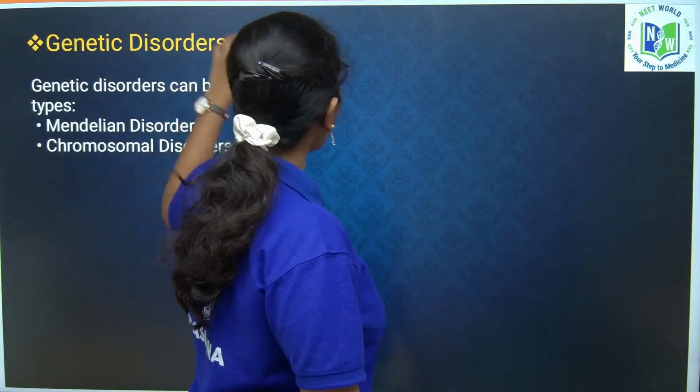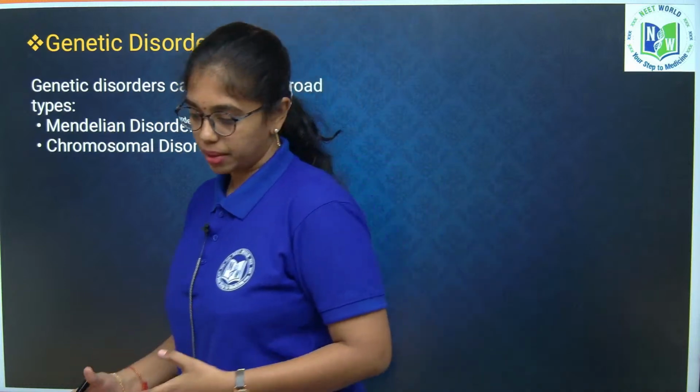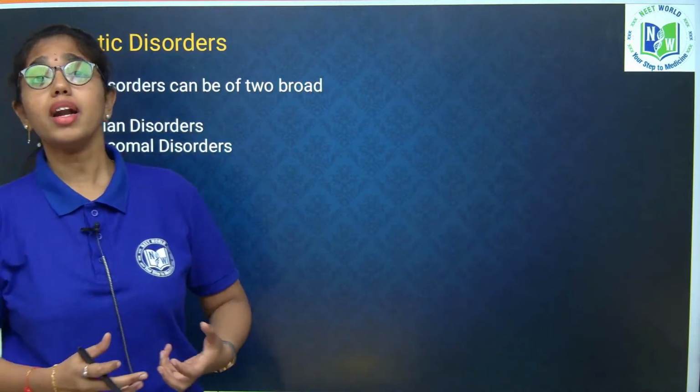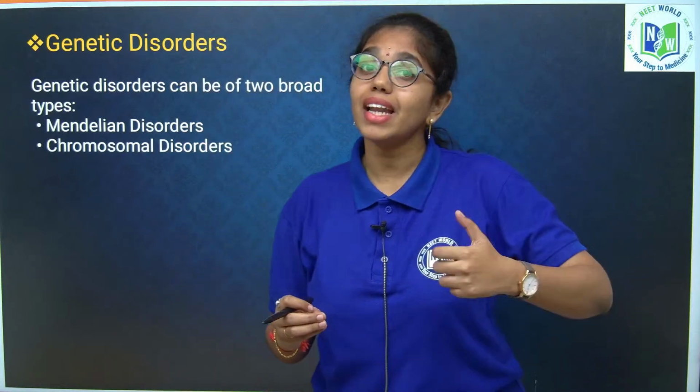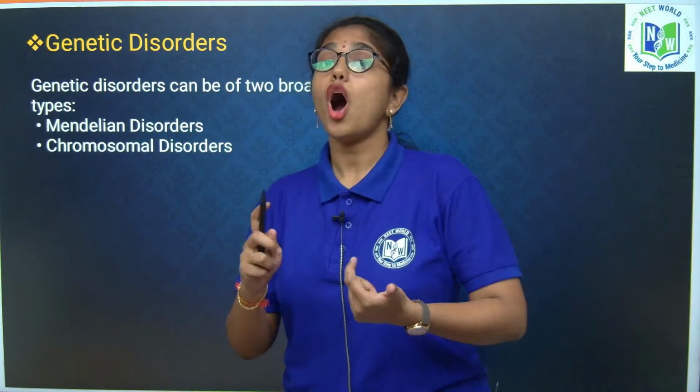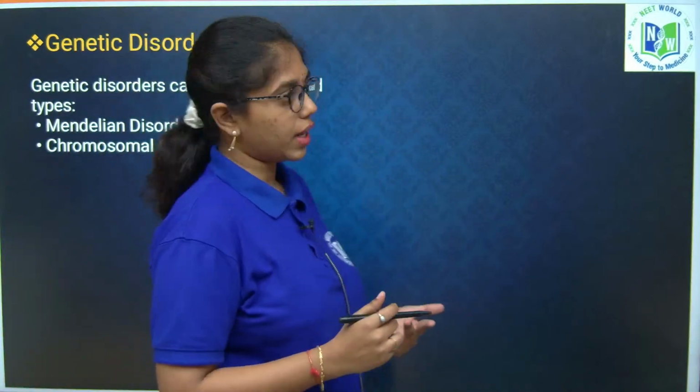So yes, what are genetic disorders? Genetic disorders are the disorders or diseases which are caused due to abnormality in either the nucleotide sequence or gene sequence, or due to chromosomal aberrations.